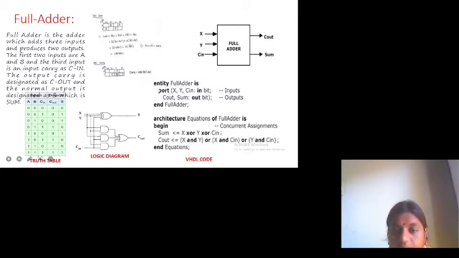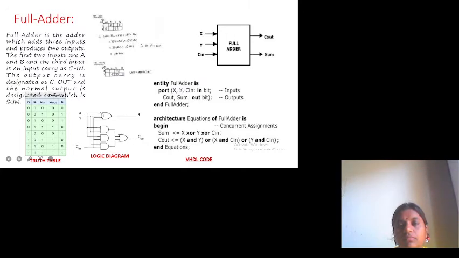Within the entity we have to declare all the ports. Port X, Y, C-in are single bit data, so the data type is bit. Similarly sum and C-out you can give as output of type bit.